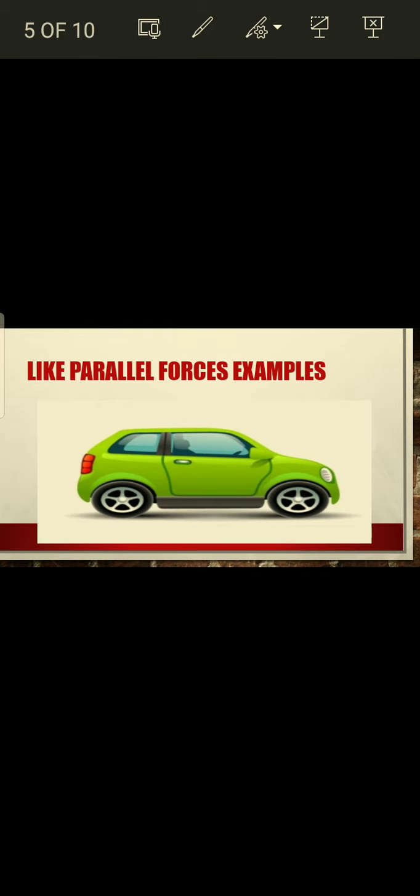So in case of this car, two or three people apply forces on the car, the lines of action are the same, and the forces act in the same direction, so the angle formed between them is 0 degrees. This is one example of like parallel forces.